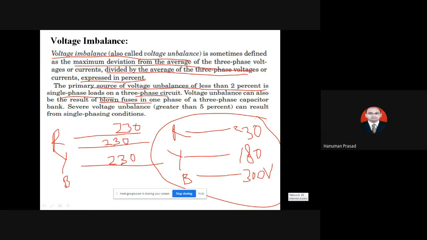Second, it may be any leakage in any phase. Any leakage means this phase may be directly connected to the ground, which may also be a problem. So the voltage drops, and this causes voltage unbalance.